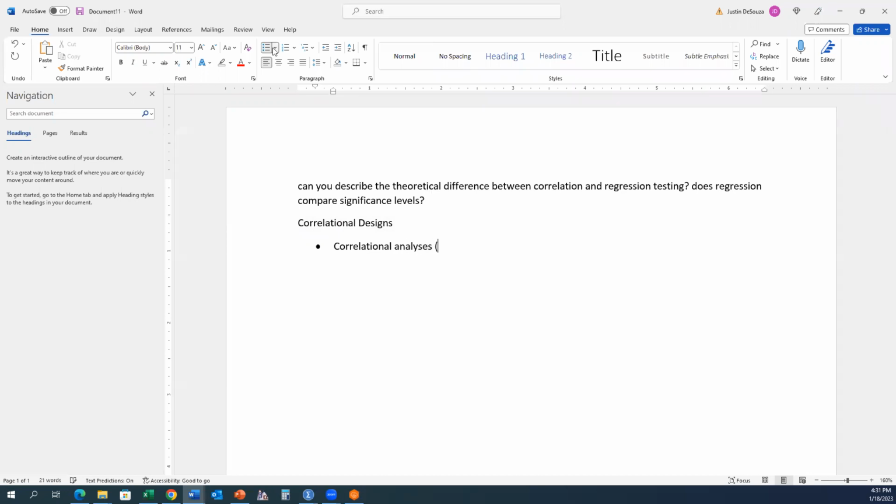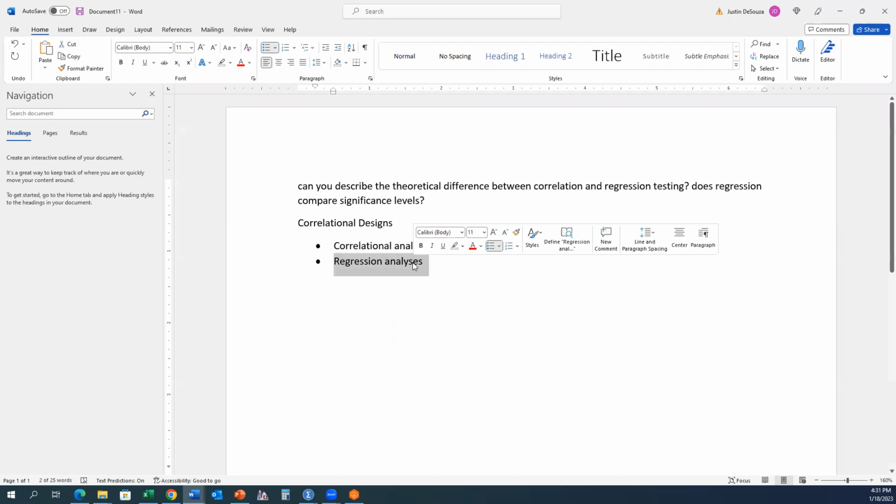That's what we covered today. So, you know, Pearson, Spearman, and all of that. Then you also have regression analyses. It's a little confusing, the terminology. So underneath correlational designs, you could be running regressions because you're looking at the associations between different things, but specifically, this is looking at prediction.